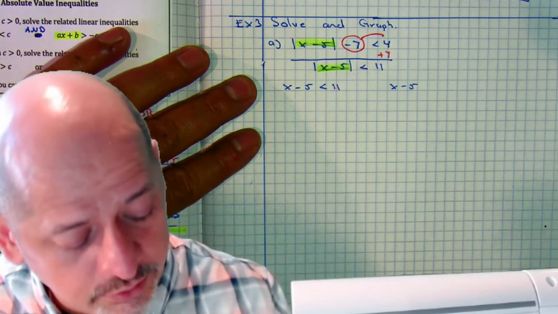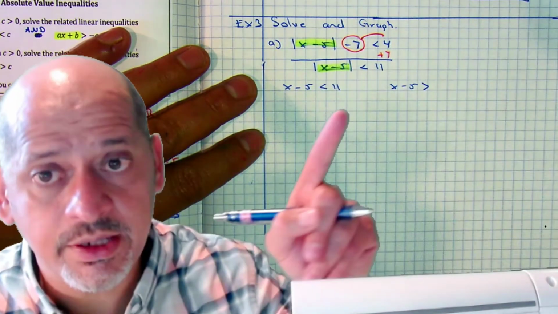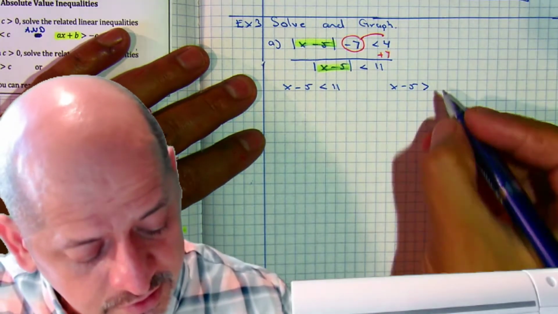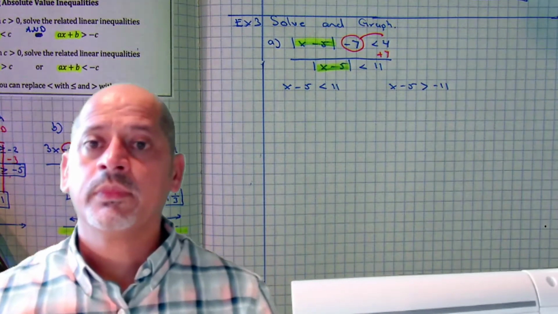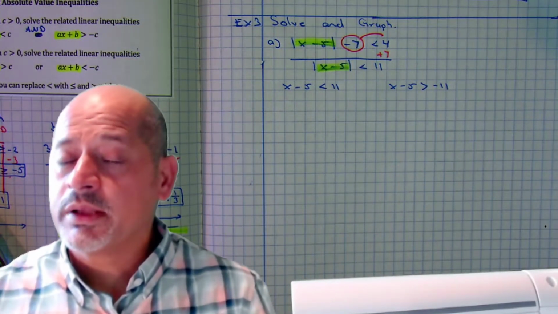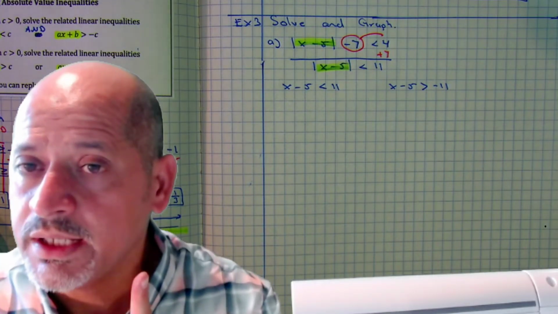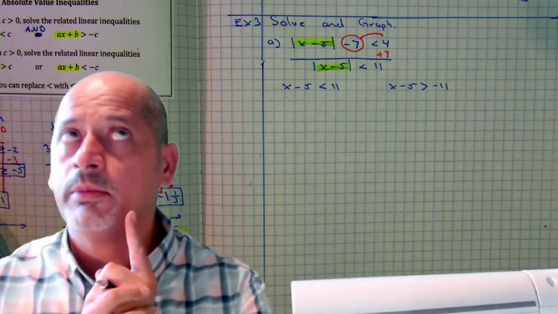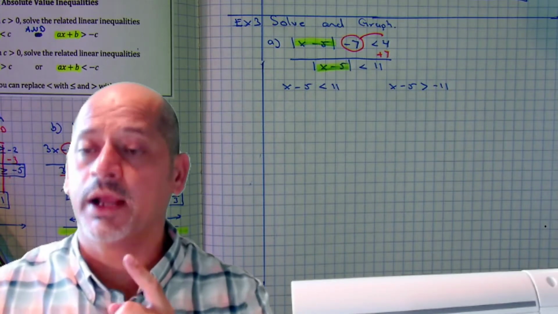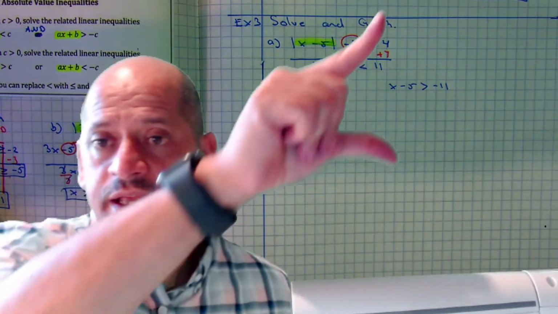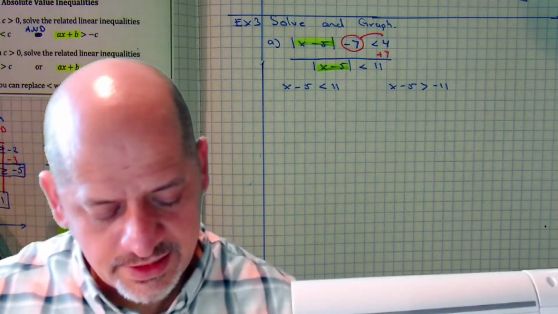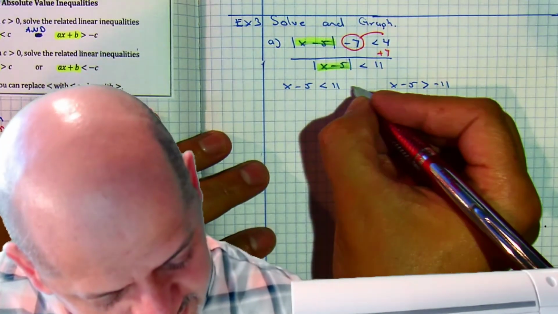That becomes a greater than, and that becomes a negative 11. And now we can solve each one separately. But before you start solving, is this an and or an or? Correct, it's an and. So that forms a less than L. So that's an and.